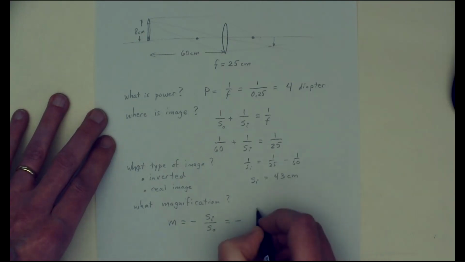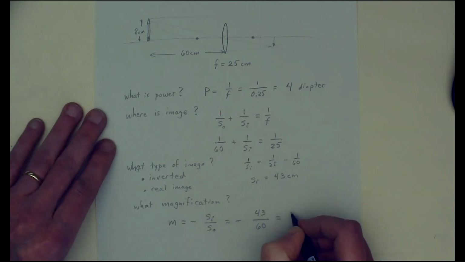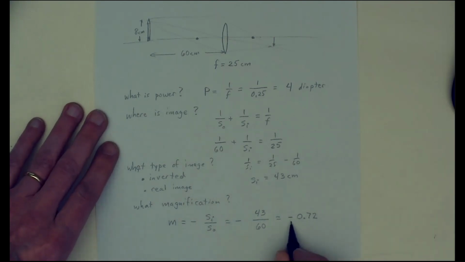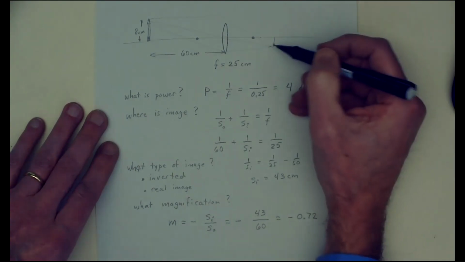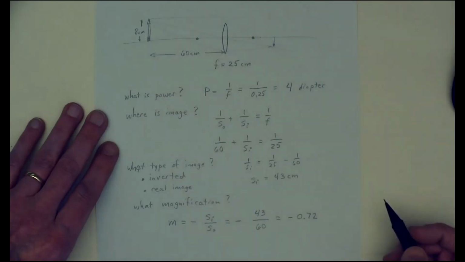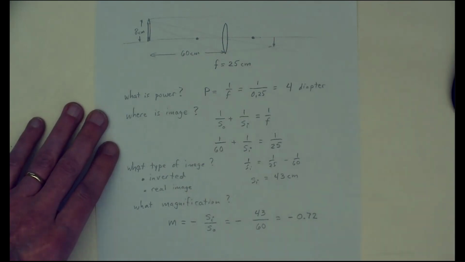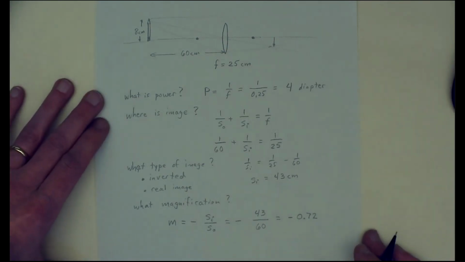And s_i we just calculated was 43 centimeters, and s_o is 60 centimeters. And that gives us an answer of minus 0.72. So the minus sign tells us it's upside down. The fact that it's less than 1 means that it's going to be a smaller image than the object was. If it was exactly 1, they'd be the same size. If it was 2, then it would be twice as large.